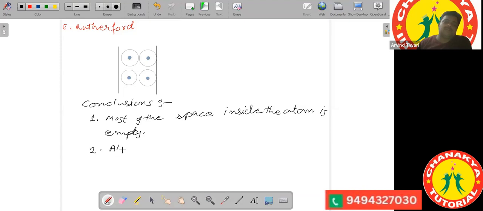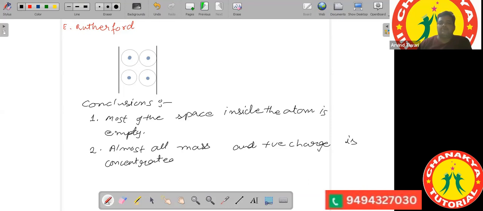So the second one is that almost all mass and positive charge is concentrated at the center. This was the conclusion out of it.